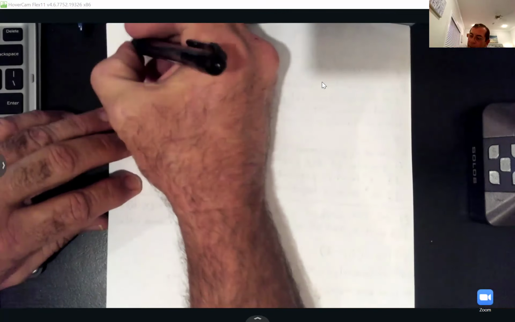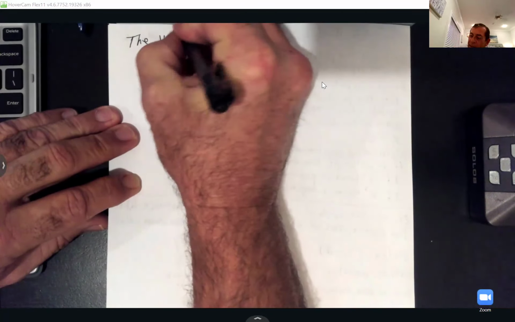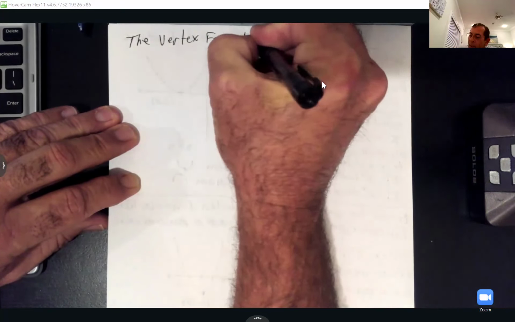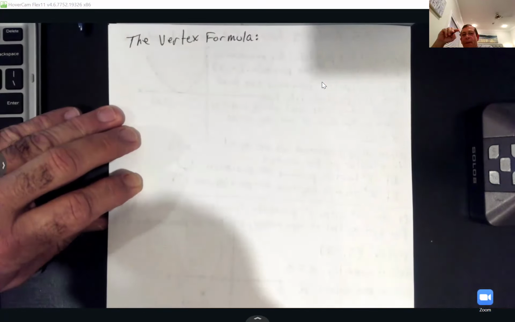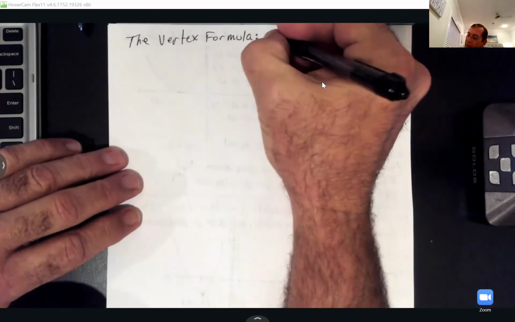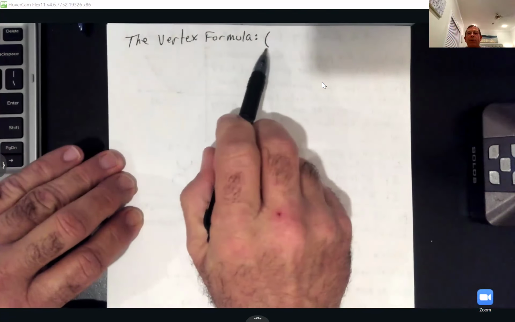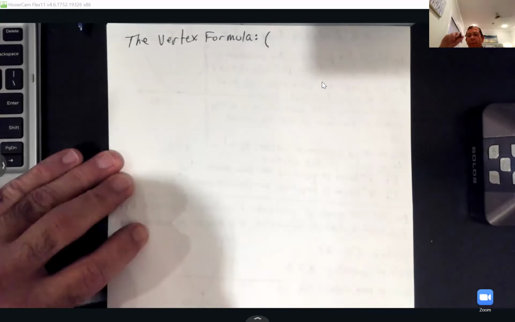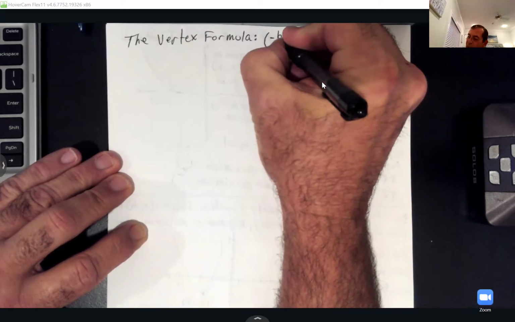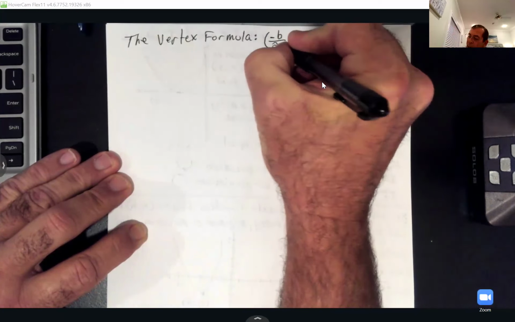Well, we got what we call the vertex formula. So this will be the vertex formula. Now, remember the vertex is an ordered pair. It's got an x and a y value. So the vertex is going to look like an ordered pair when I'm done. To find the x value, I'm going to use the formula -b over 2a.